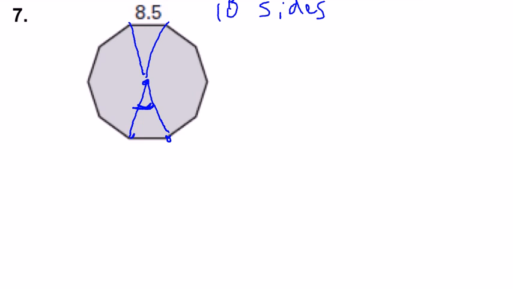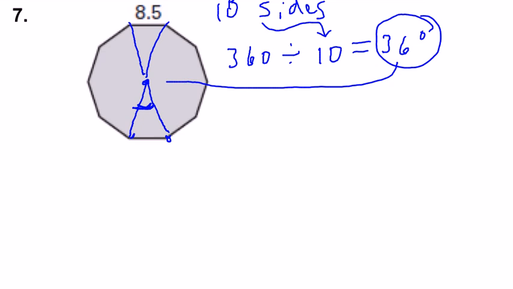The way you do that is you take 360 and divide by the number of sides, which is 10. That equals 36 degrees. So that right there is a 36-degree angle. So is this. That would also be a 36-degree angle. In fact, we could fit 10 of those 36-degree angles all the way around. That's why we did 360 divided by 10.